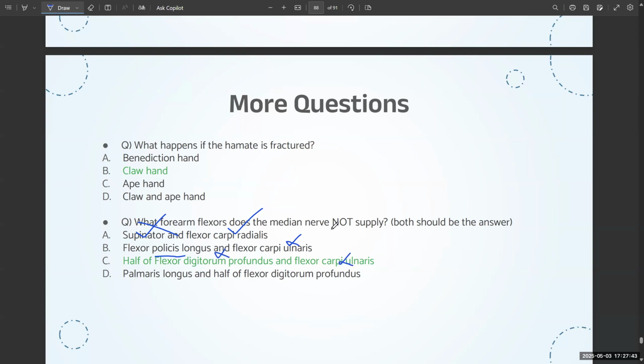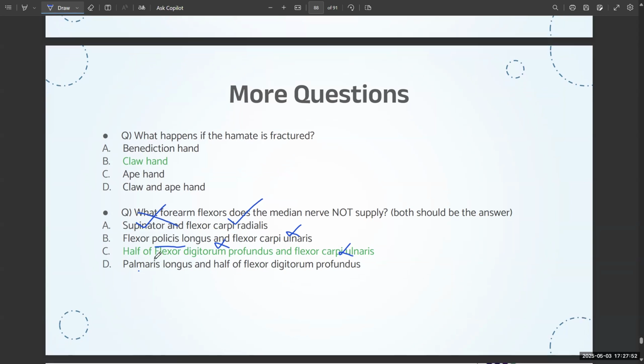Now, the median nerve supplies, sorry. Okay. Yeah. Just looked that up. I got a little bit confused. Open up the brachial plexus again. See, now this is very, very confusing.